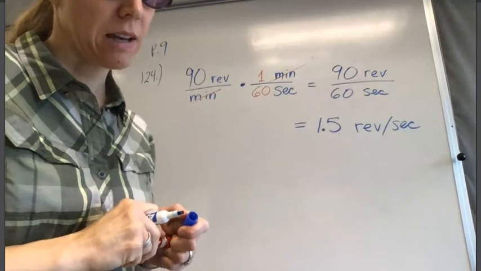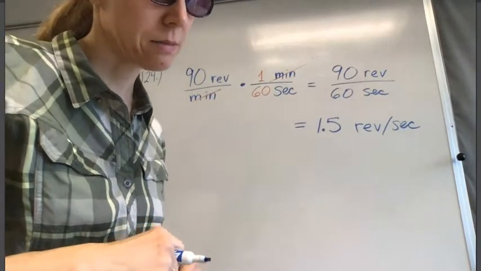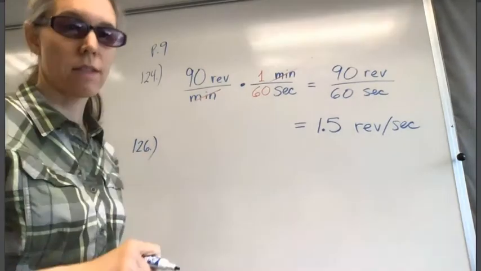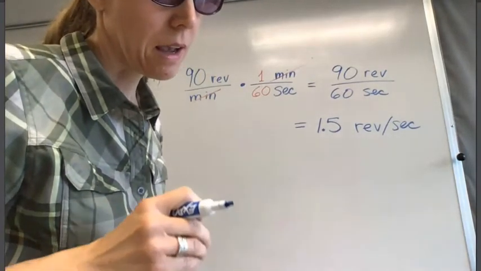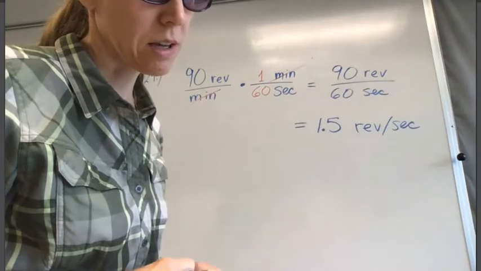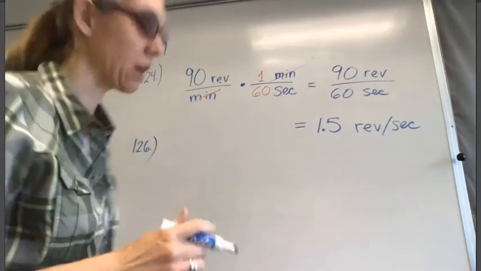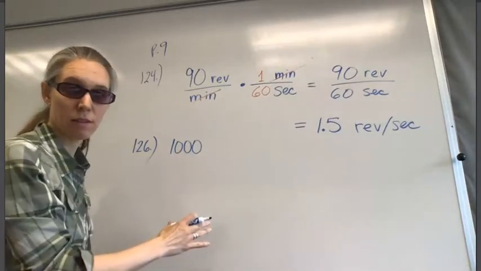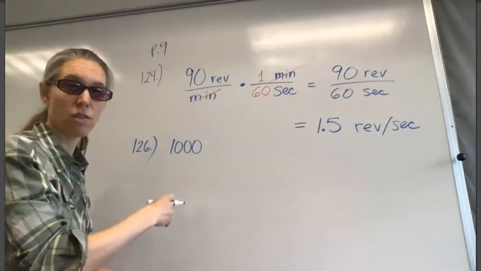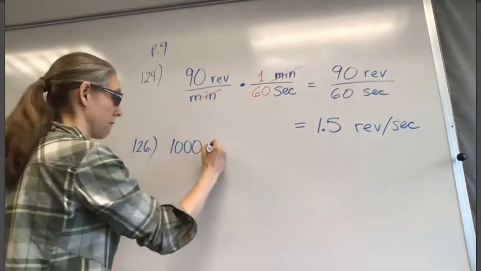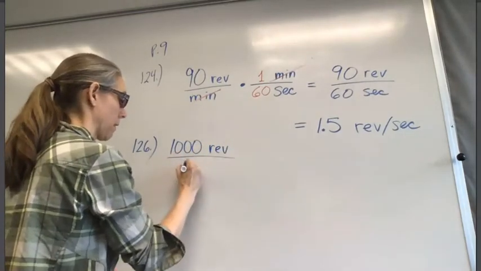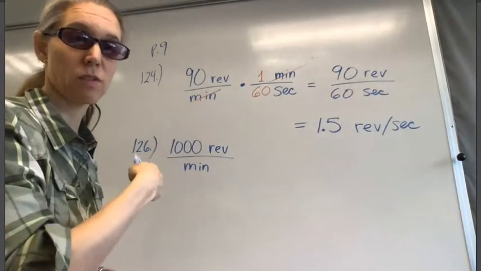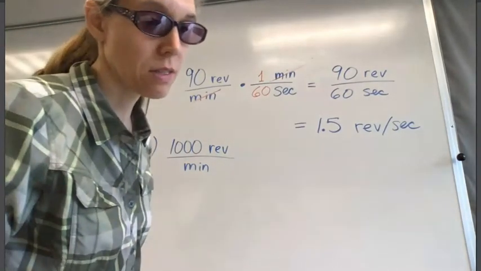Next, I want to look at number 126. And this one says, an airplane propeller rotates 1,000 times per minute. 1,000 times is the same thing as 1,000 revolutions. So rotates 1,000 times means 1,000 revolutions.